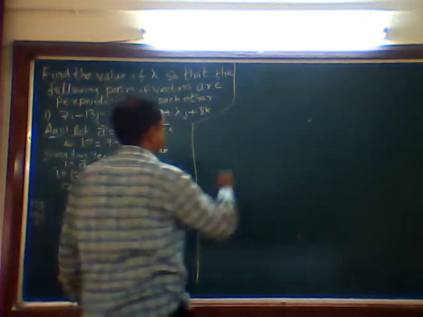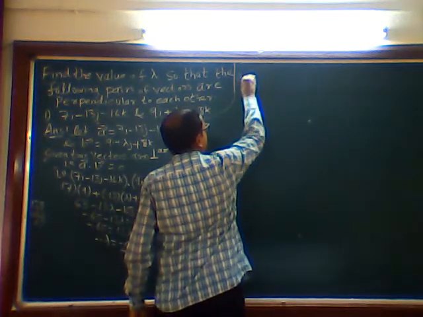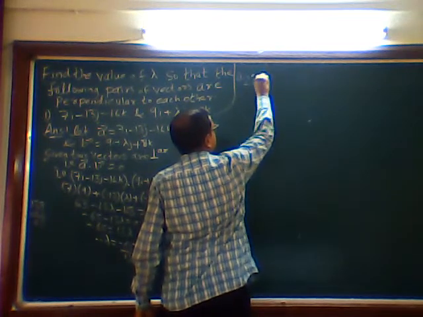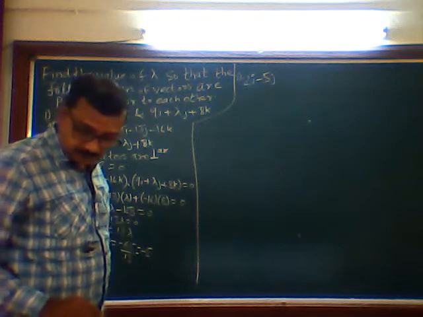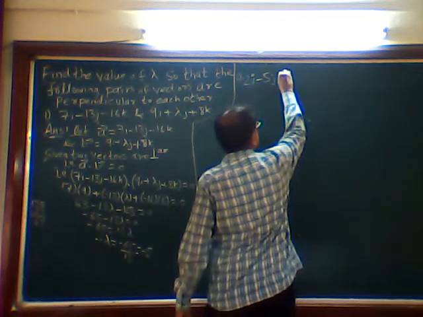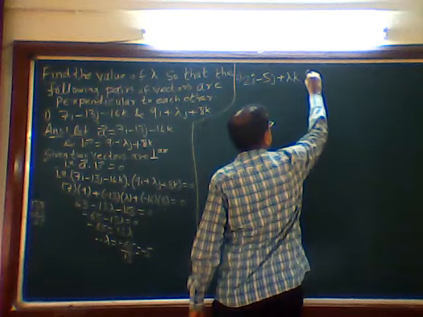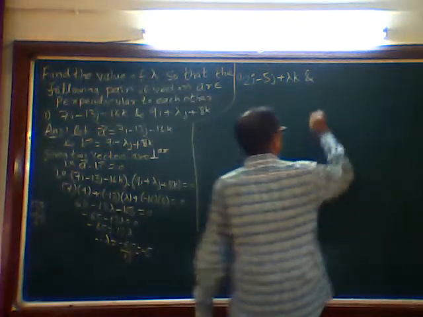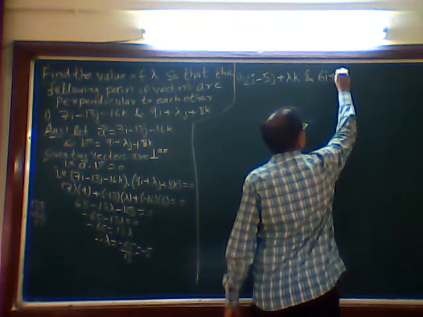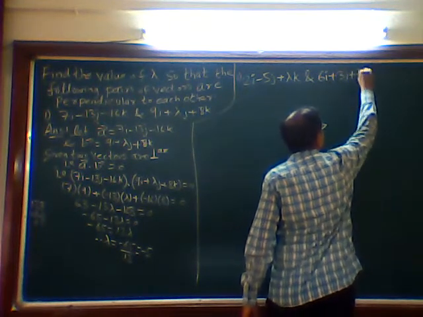2i minus 5j plus lambda k and 6i plus 3j plus k.